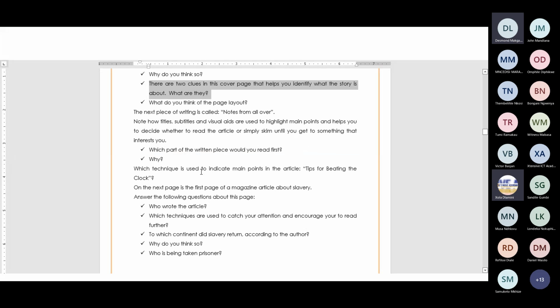Where it gets interesting is where it brings us back to the content of what we're doing in assessment 1. The techniques we're using to indicate main points in this article. The techniques we're using for reading and finding out what the writer is trying to say in the advert. The techniques we use and the differences in all your techniques.